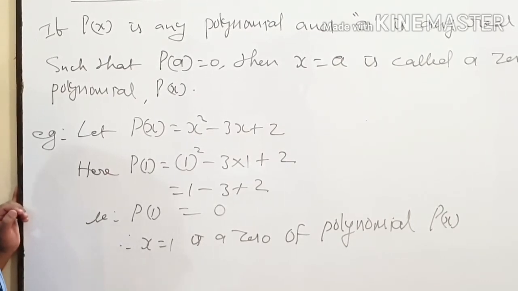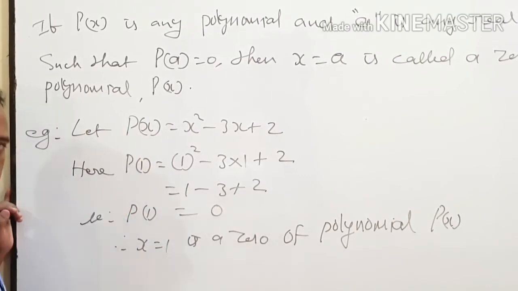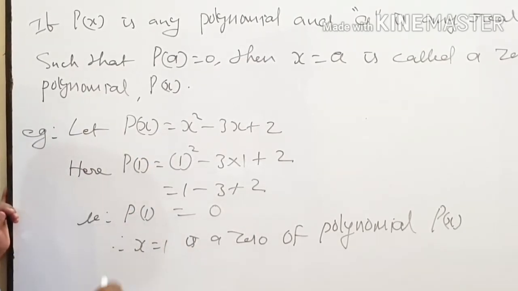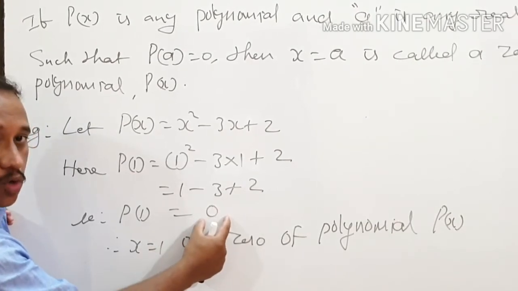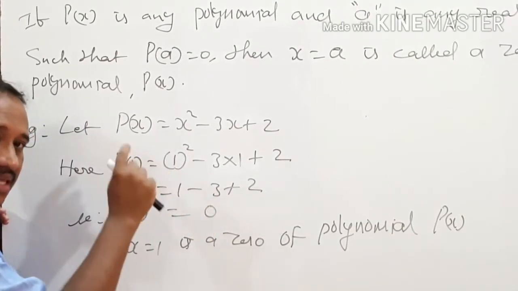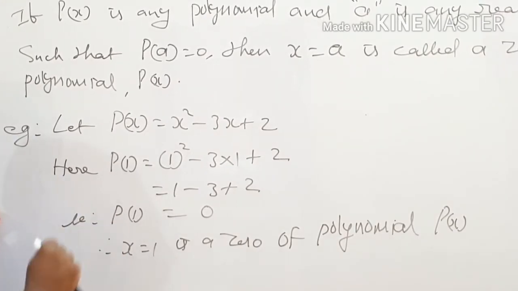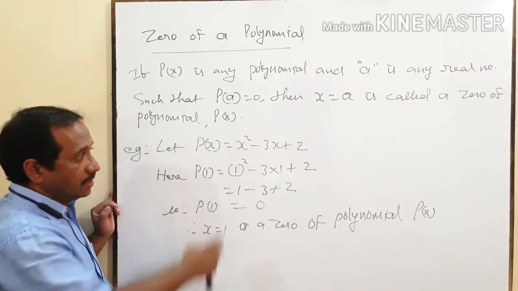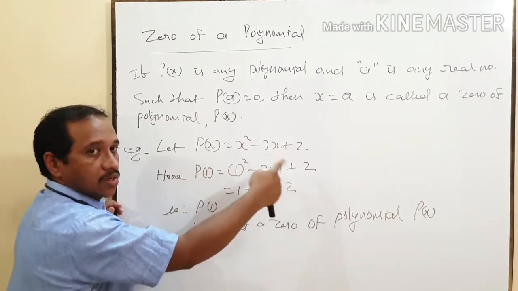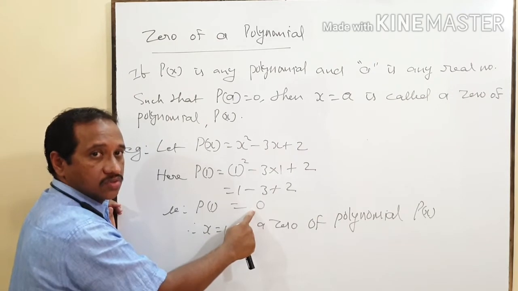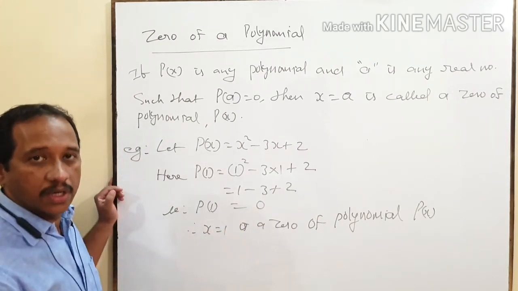That means if you substitute or replace x with any real number so that you get the value of the polynomial equal to 0, then that value of x can be called as a zero of the polynomial. Here x is replaced with a 1 and after calculation we get it is equal to 0. Therefore, x is equal to 1 is a zero of a polynomial.